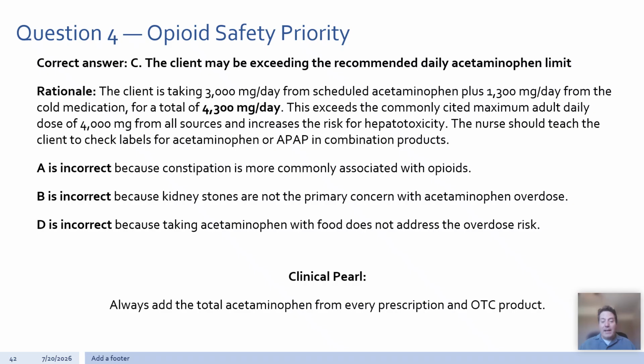So always add the total acetaminophen amount from every prescription and OTC product that your patient is on, and teach them to do the same, because oftentimes people don't realize this. The same goes for diphenhydramine, by the way. Sometimes people OD themselves on Benadryl because they don't realize that it's in a bunch of different medications that they're taking because they've got cold or flu symptoms.